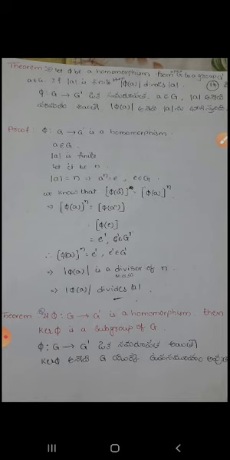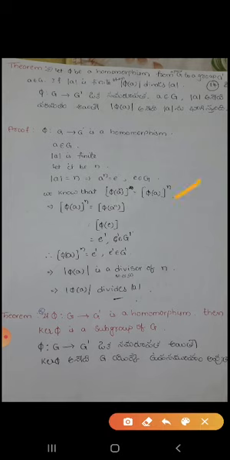Let it be n, which means order of a equals n. That implies we can write a power n equals e, e belongs to G. And also we know that phi of a power n equals phi of a whole power n. So that implies phi of a whole power n equals phi of a power n, that equals phi of e, since a power n is e.